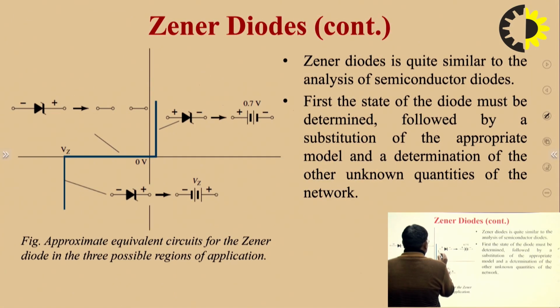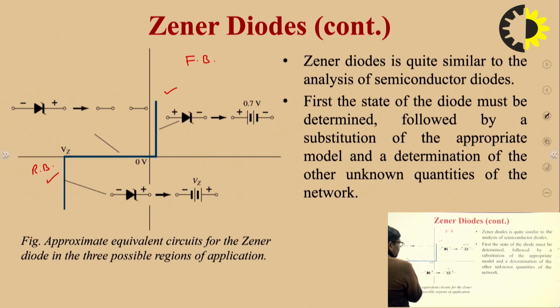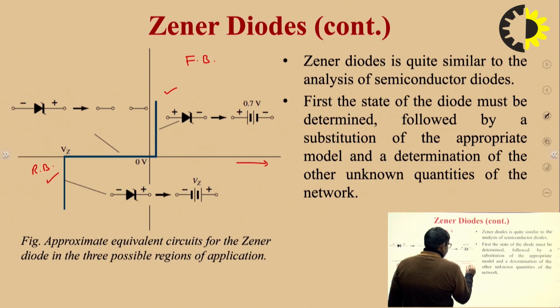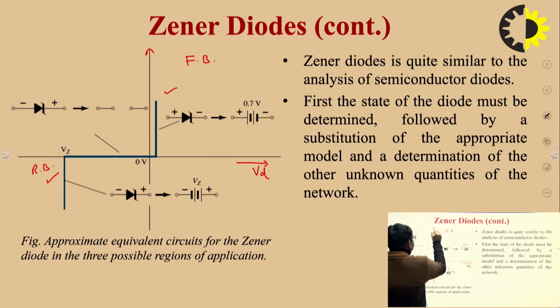The Zener diode has characteristics in the forward direction as well as the reverse direction. This is the forward bias region and this is the reverse bias region. In the forward bias region, this is the diode voltage and this is the diode current. The symbol of the Zener diode is this: this is the P terminal and this is the N terminal.